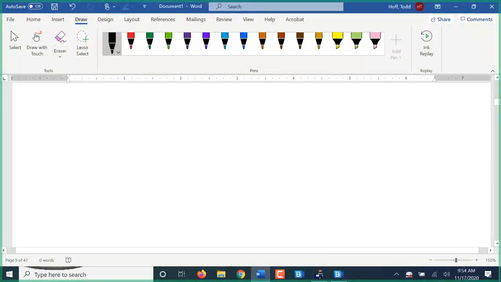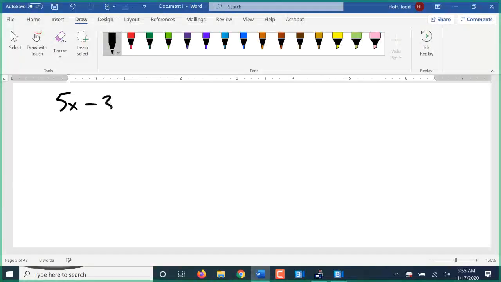So we might have an equation like 5x minus 3 plus 4x equals 6x plus 36. So here, remember that first step is to combine what we can on either side of the equation.